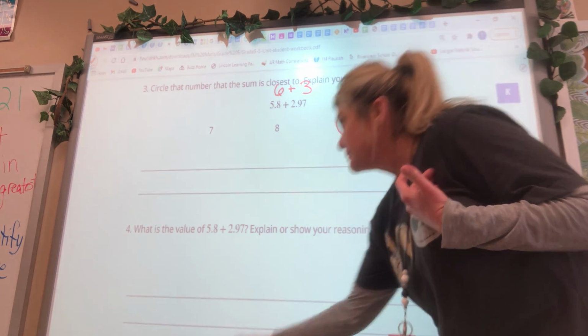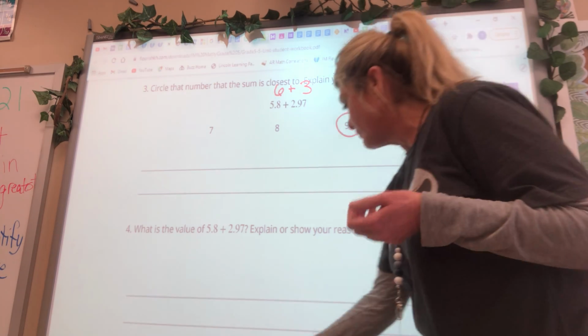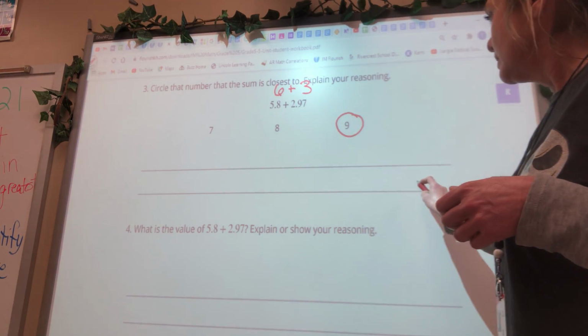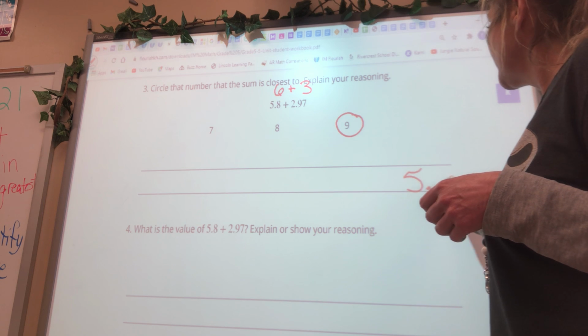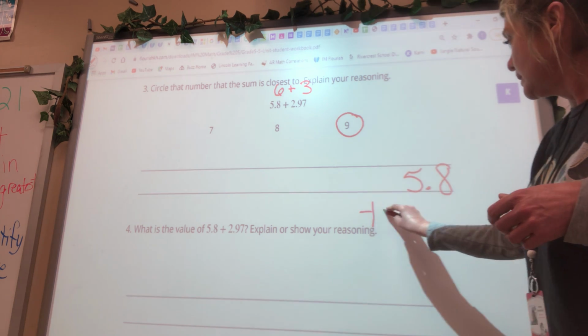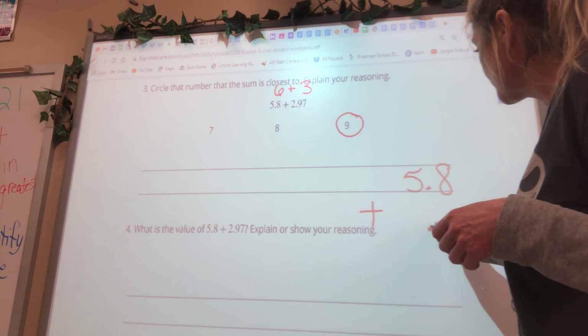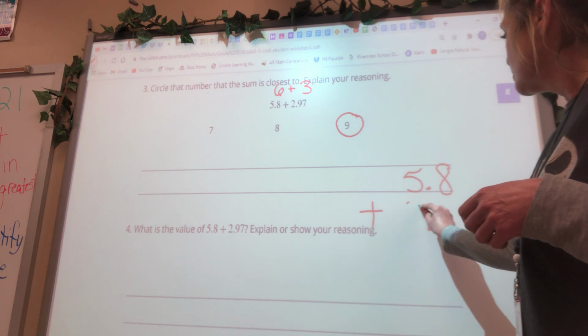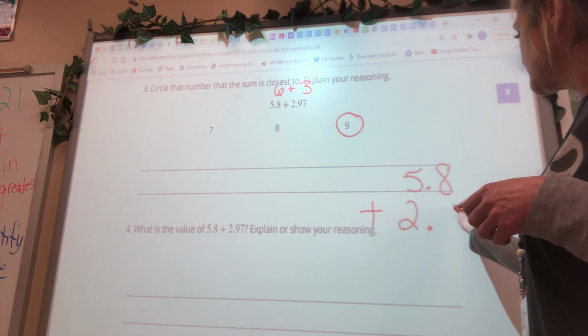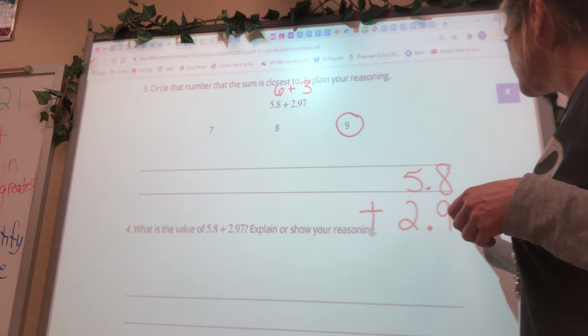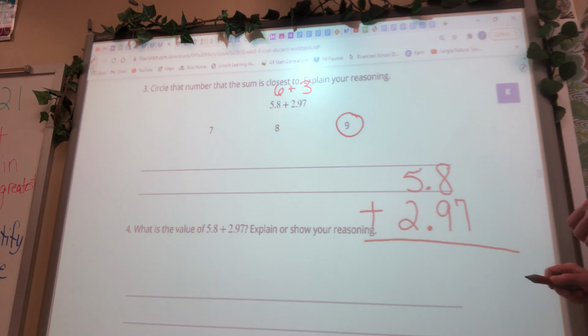Okay, and then it says, actually, what is the value of it? Well, let's do the math. 5.8, and we're adding. Anytime we add decimals, remember we line that decimal number up. 2.97, and then we add together.